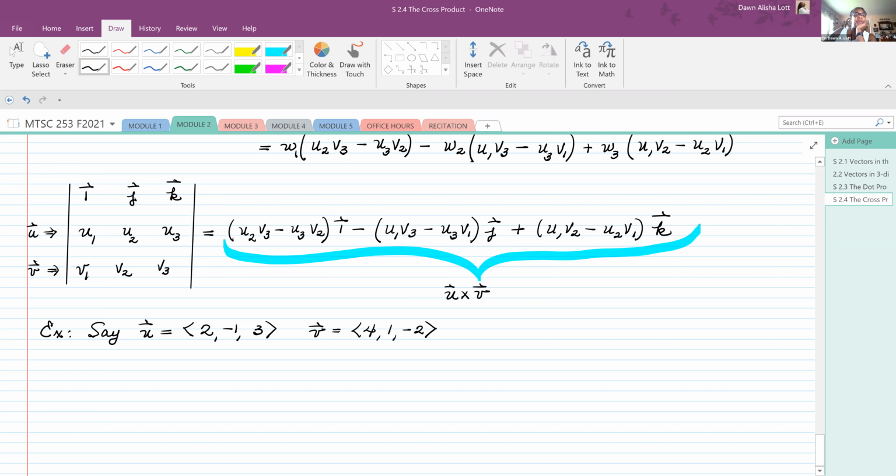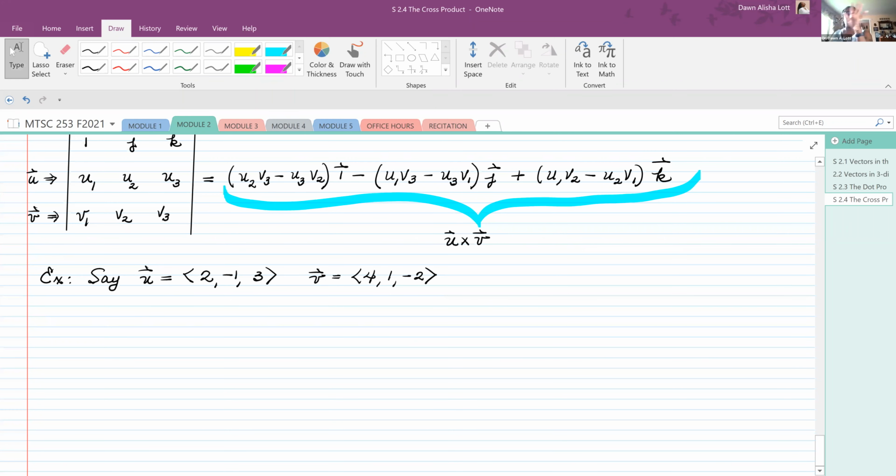And those are two vectors. Now I can find the dot product easy, but the cross product, I'm going to have I, J, K. U comes first, 2, negative 1, 3. V comes second, 4, 1, negative 2.